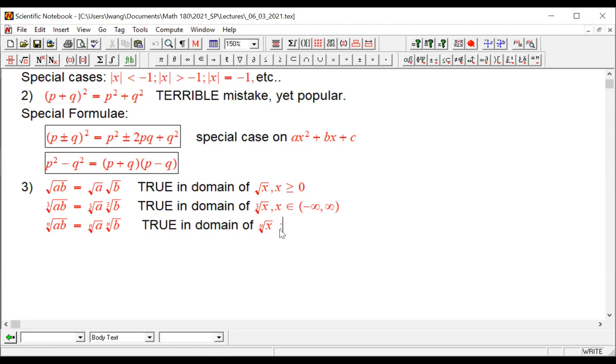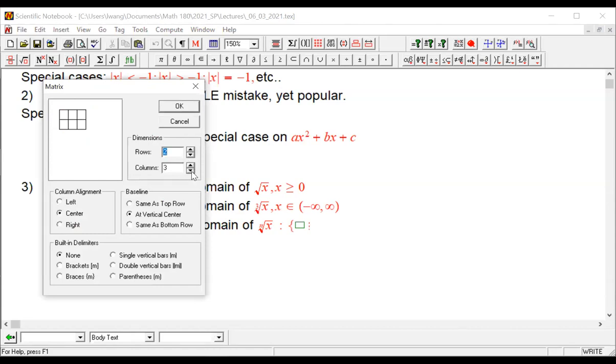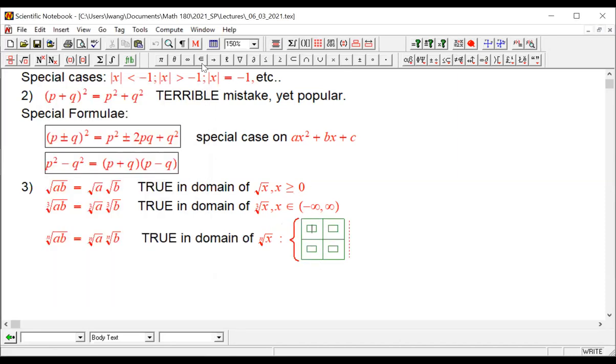So there's a difference depending on whether n is even or odd. If n is even, then x is larger than or equal to 0. If n is odd, x can be any real number.